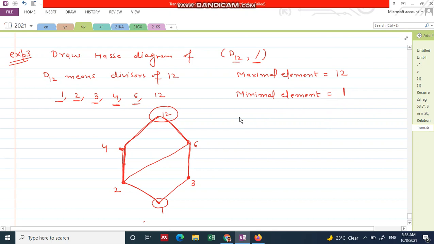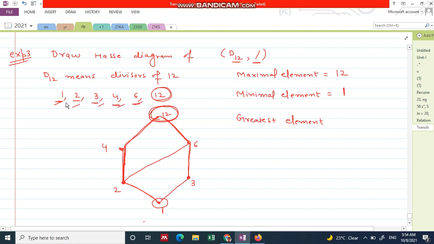Now we want to find the greatest element. You see that in this case, this 12 is in a relation with every other element. Why?